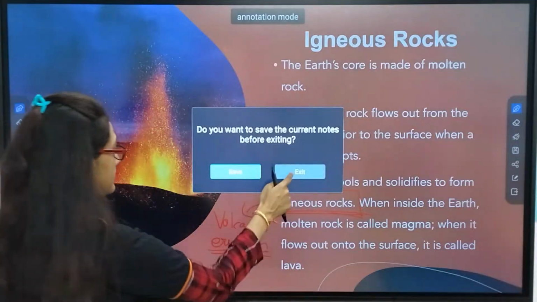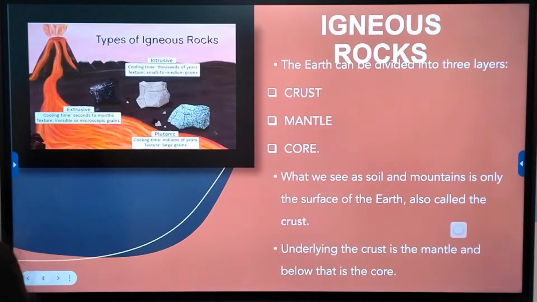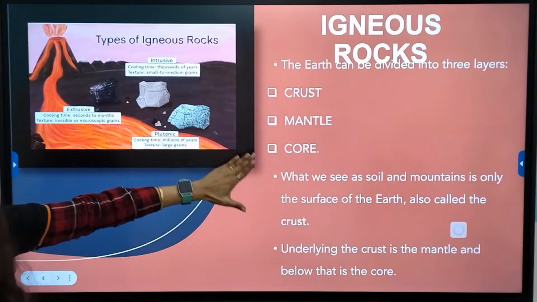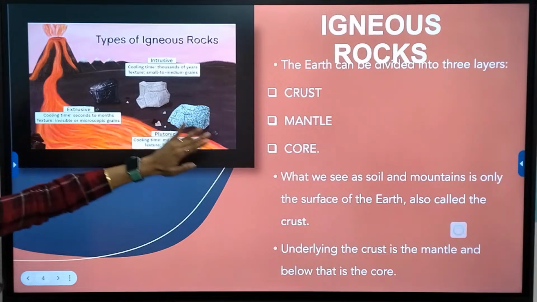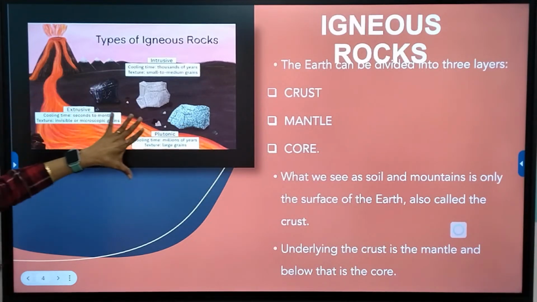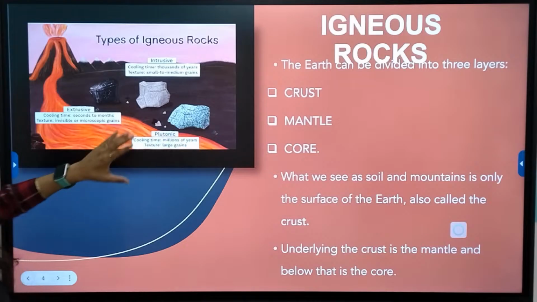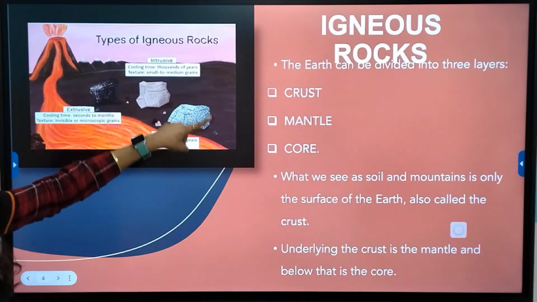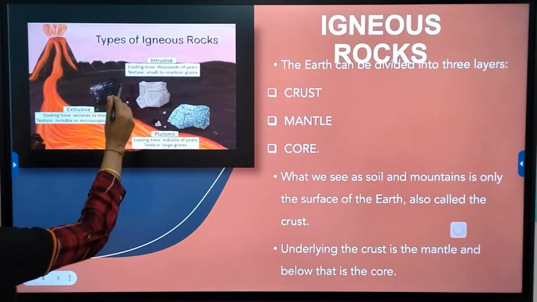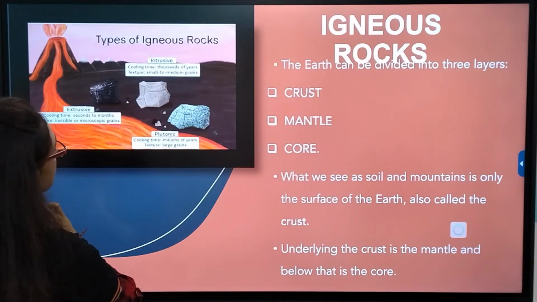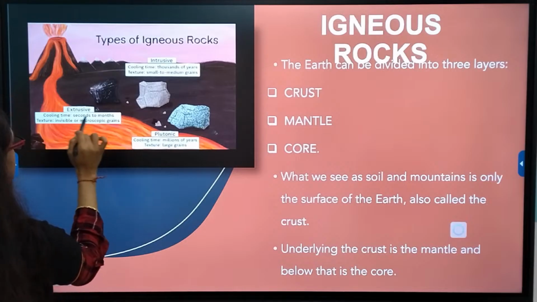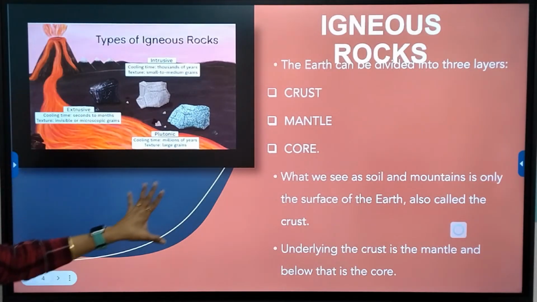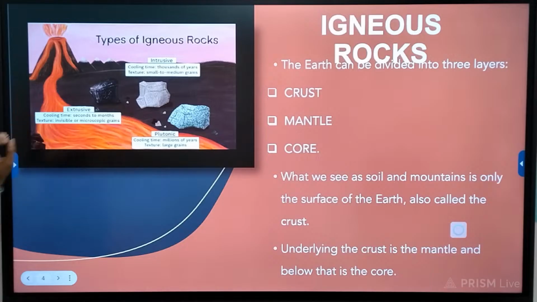Just like in this picture, see the lava is flowing here, and after, suppose, 100 years, this will cool down and solidify and turn into rocks. The cooling time ranges from seconds to thousands or millions of years. Three types of cooling occur, but you don't need to go into those details.